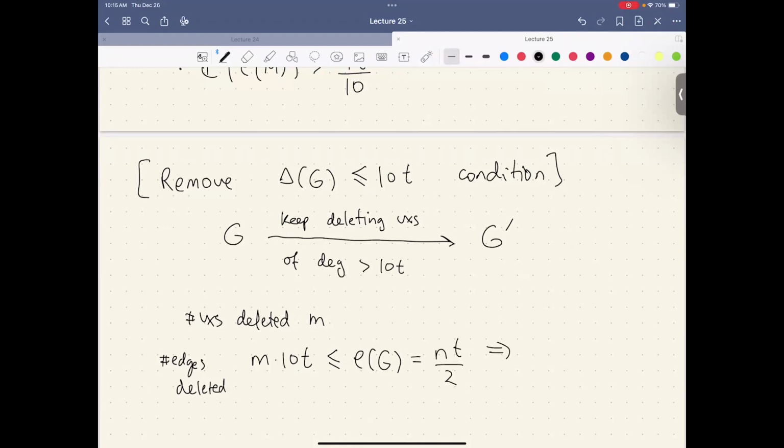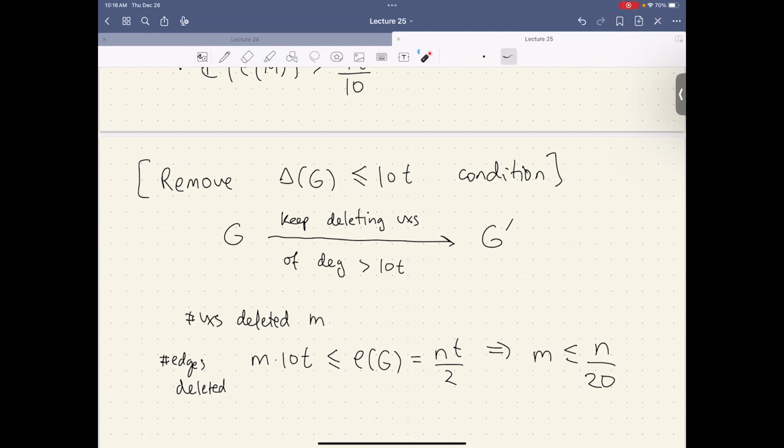So this implies that the number of vertices that we delete is at most, if you have a degree more than 10t, deleted. So M is at most, move 10 to the other side, n over 20, right? So we delete less than n over 20 vertices.